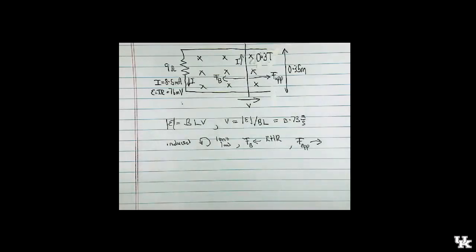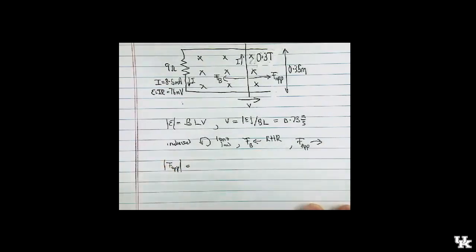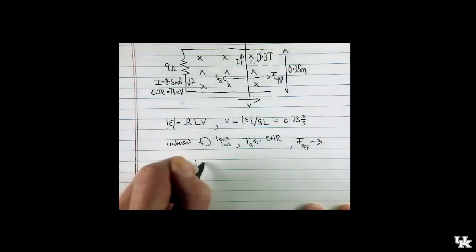side. And now we just want to calculate the size of the applied force. So the size of my applied force, I'll put the vertical lines around it again, is going to be equal to the size of the magnetic force. They're equal and opposite.